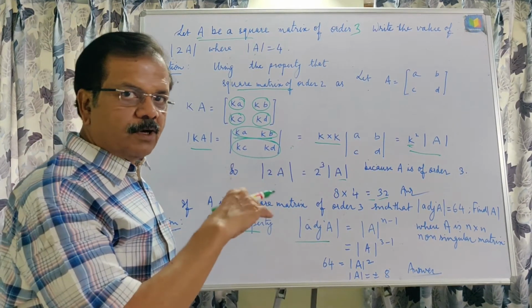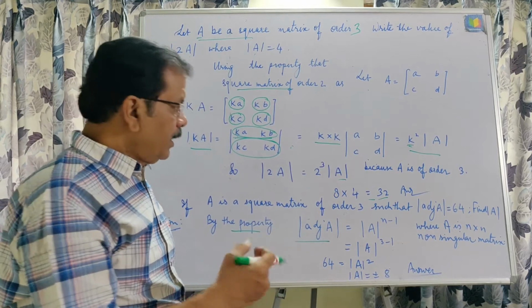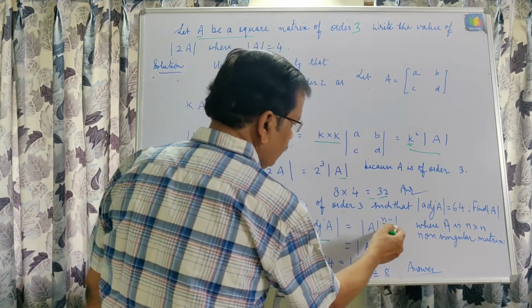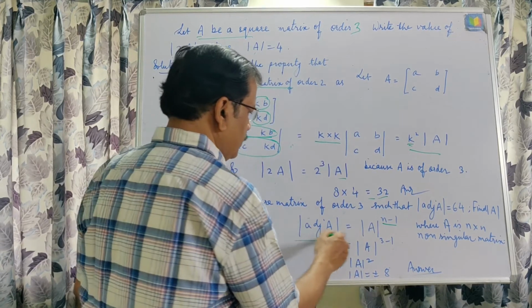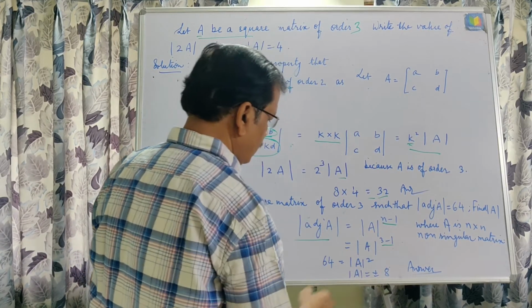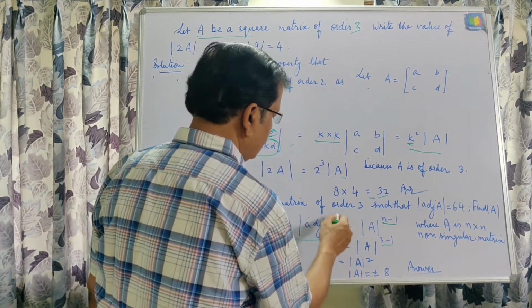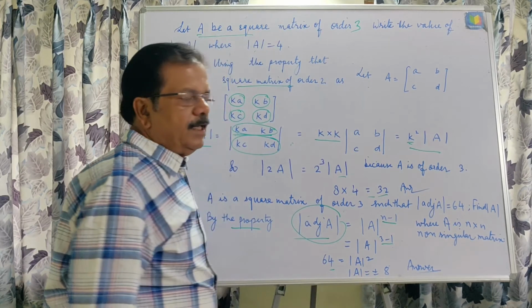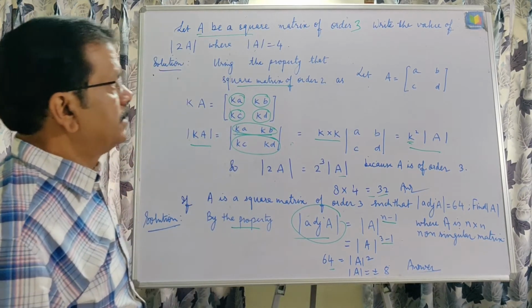That is, in place of K cubed we will take K squared in finding the adjoint, and that is why the value of n will be reduced by 1. So determinant of A to the power 3 minus 1. Here we are given the value of adjoint of A. Putting this value we can get determinant of A is equal to plus or minus 8.